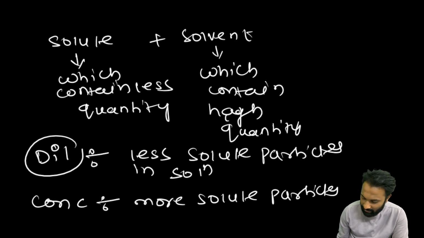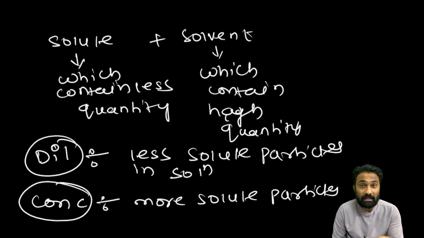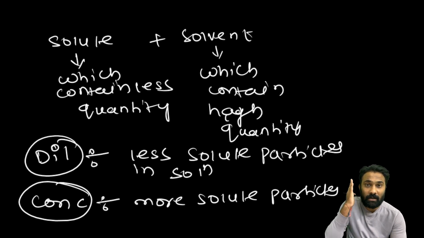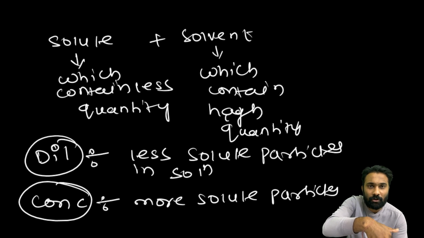Clear? I also explained a general life example of dilute and concentrated, that is lemon, right? If you cut the lemon and squeeze it, at the start it will be concentrated. If you add water, the concentration of that lemon juice will decrease and it will become dilute.